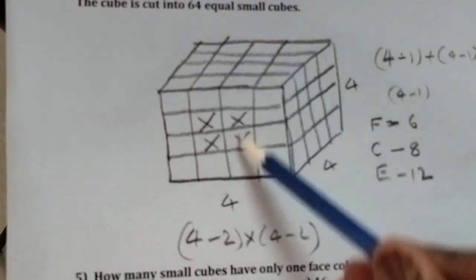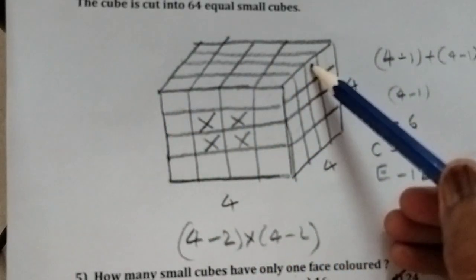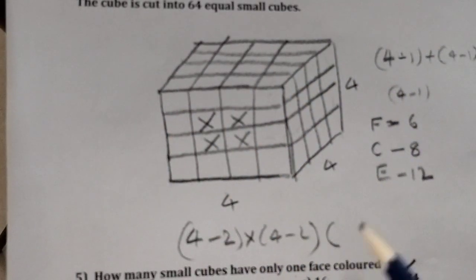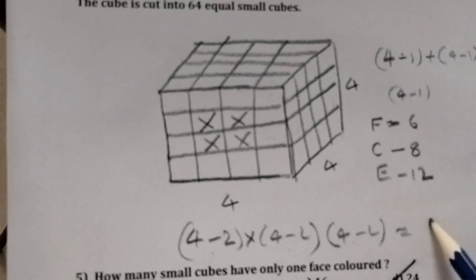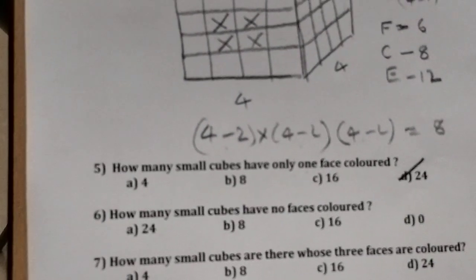And on the top and bottom in the height, I cut the upper part and lower part, so that is 4 minus 2. Totally 2 into 2 into 2, 8 small cubes have no face color. So now your answer is 8.